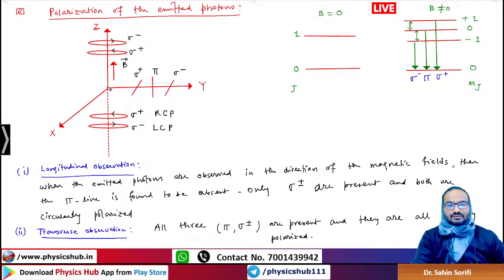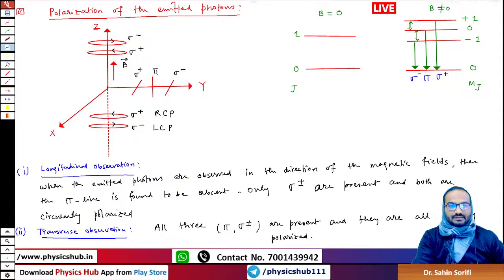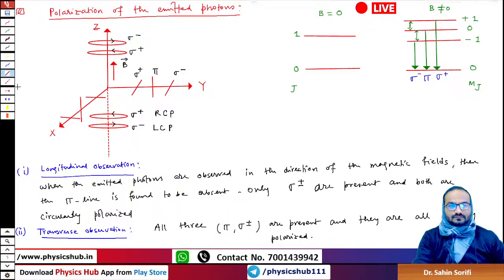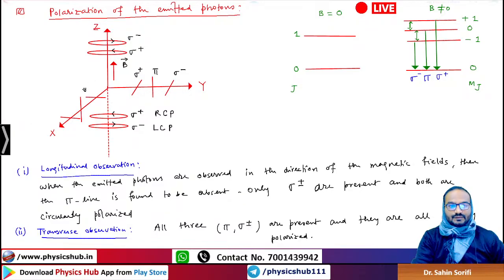So perpendicular direction to z may be the y axis or it may also be the x axis, right? So along the x axis also, remember this pi component will be in the parallel direction. This is for pi, sigma will be perpendicular to this line. Like this. This is sigma plus, this is pi, and this is sigma.